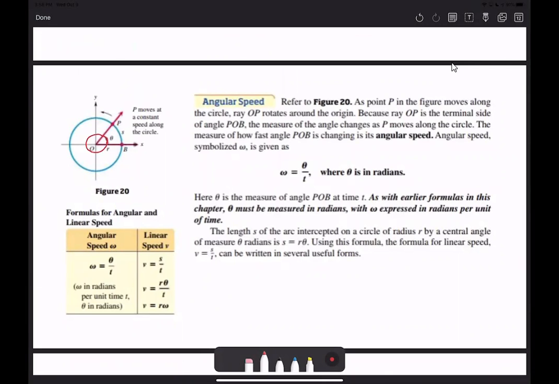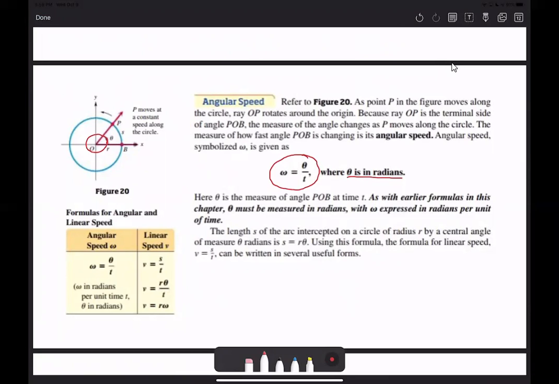We find it using this formula, where omega, a lowercase letter, equals theta over t. Omega is the angular speed, theta is your angle, and remember your angle has to be in radians, over time.